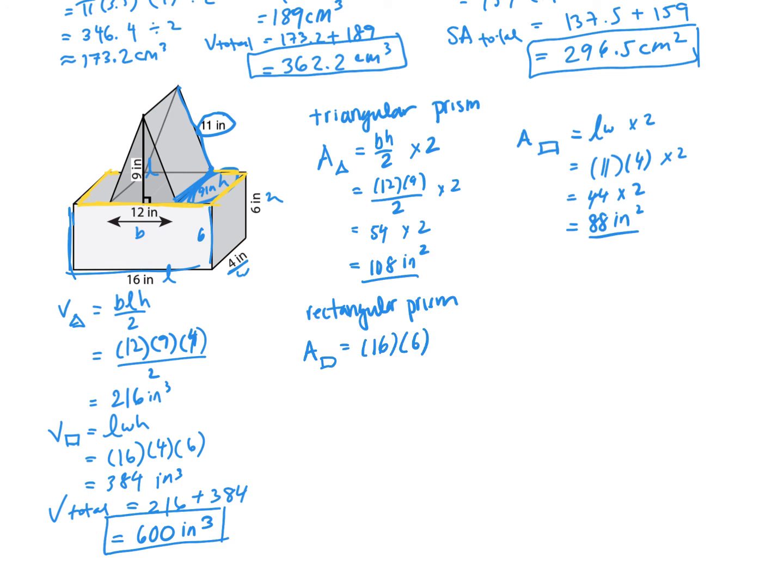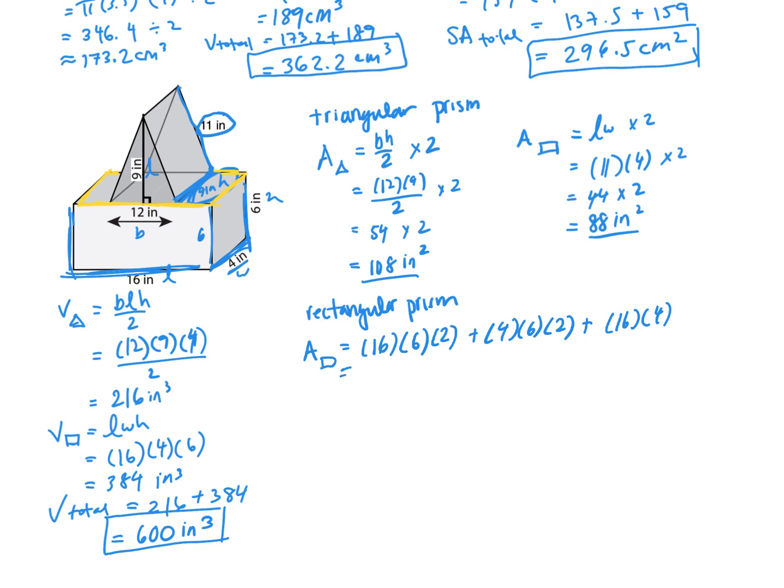But I have 2 of them because there's one on the back as well. So I'm going to double that. The sides are 4 by 6. And again, I will multiply that by 2 because there's one on the left side as well. And the base is 16 by 4. And I only have one of those because the top one has a shape sitting on top of it. So I'm going to deal with that at the end.